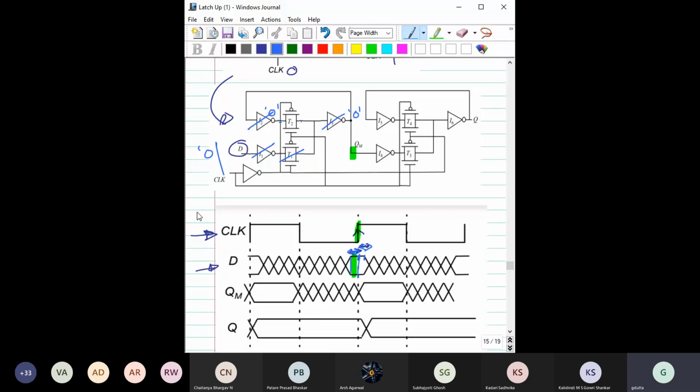Okay, here I think I should write one thing. See, this time is called the setup time. After that, it has to hold for some time, right? So that, from the name itself, is the hold time.